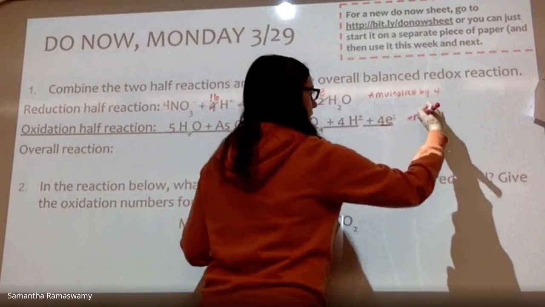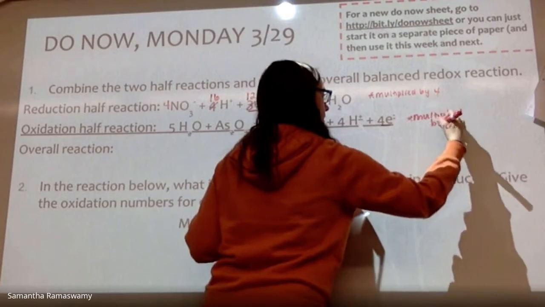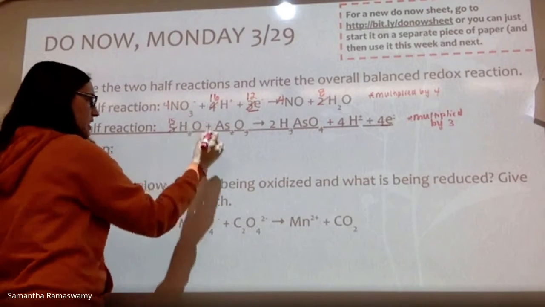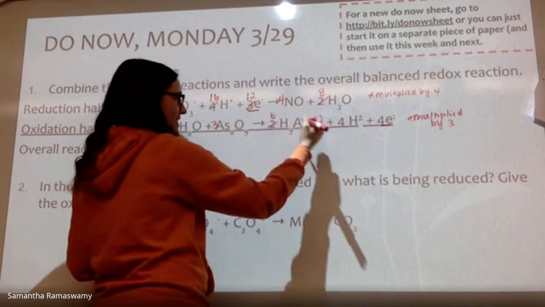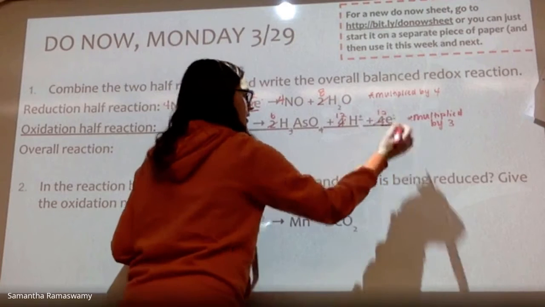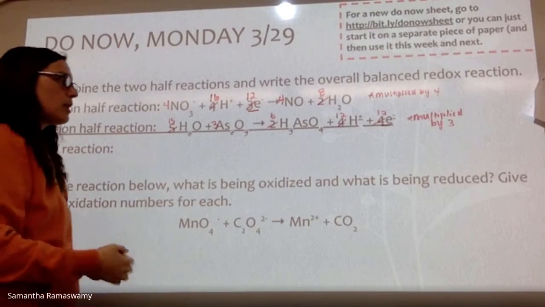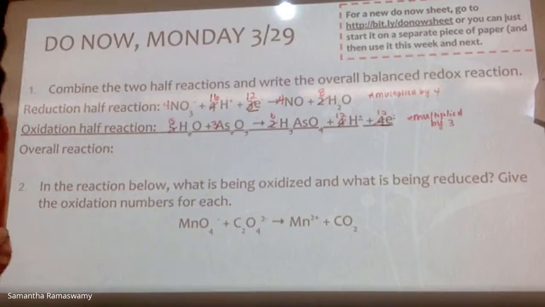So I'll make a note over here. Multiplied by 3. So that will make this 15. 3 times 2 is 6. 12. And 12. So now we have our half reactions multiplied by something to make our electrons equal.